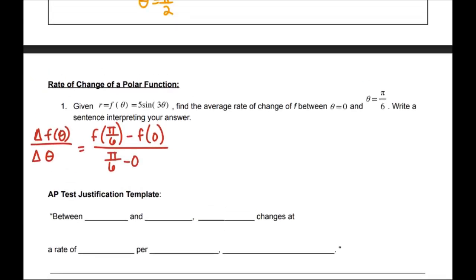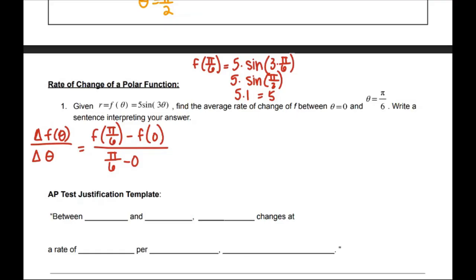All right, so let's just do f of pi over 6. That would give us 5 times sine of 3 times pi over 6, which is 5 times sine of pi over 2. Pi over 2, remember, is the ordered pair 0, 1, and the y value would be your sine, so 5 times 1 would equal 5.